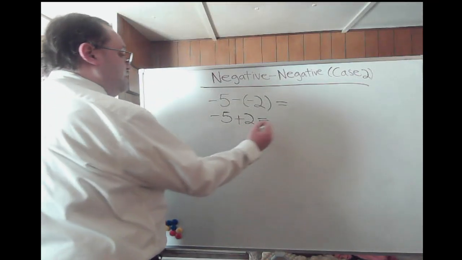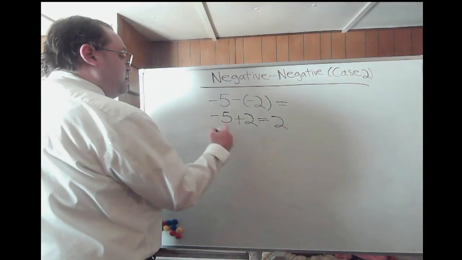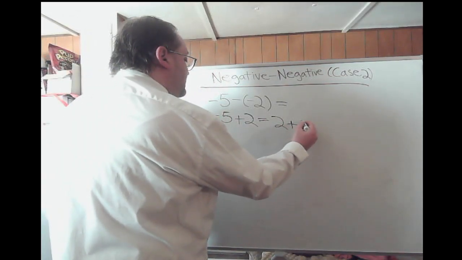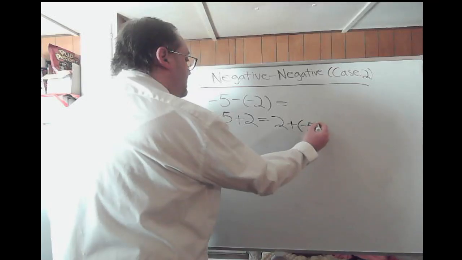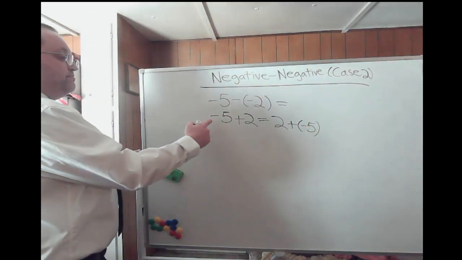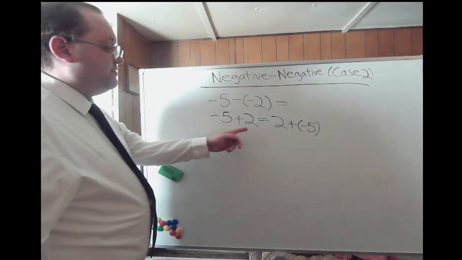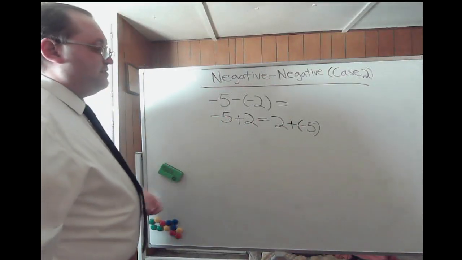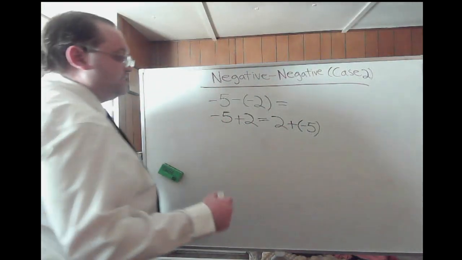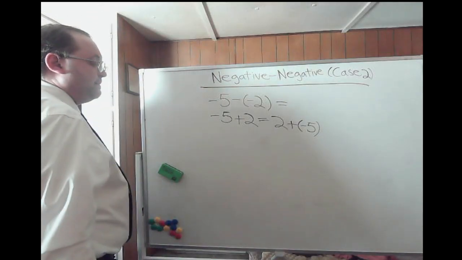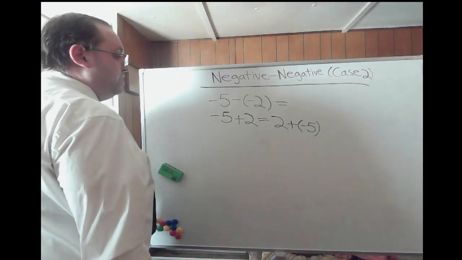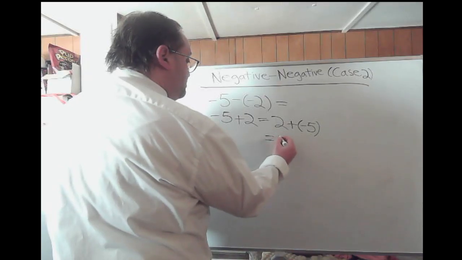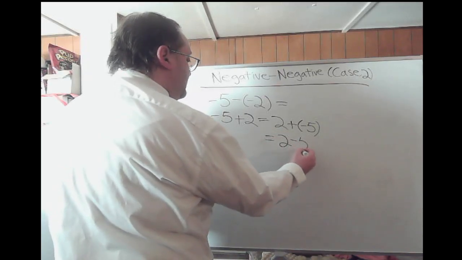You'll have your 2. Whenever we have a minus 5, that's the same as plus a negative 5. You would have 2 plus negative 5. Whenever you have a minus on the front, it's plus a negative, if that makes sense. Which we know 2 plus a negative is equal to minus. You'll have 2 minus 5.